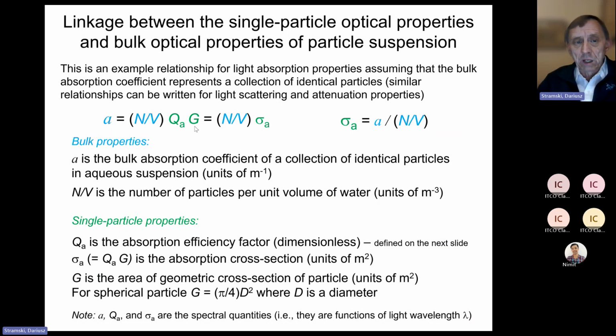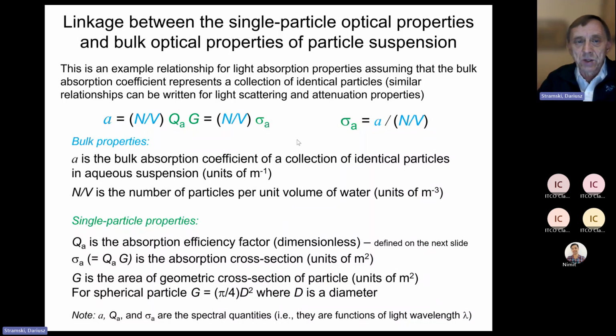It's important to know that I assume here that all particles are identical. If you have a single phytoplankton species, all phytoplankton cells will not be identical to one another. They may differ slightly in terms of size, for example, but generally they will be similar. The population of a single species will exhibit similar size and similar efficiency factor for absorption.